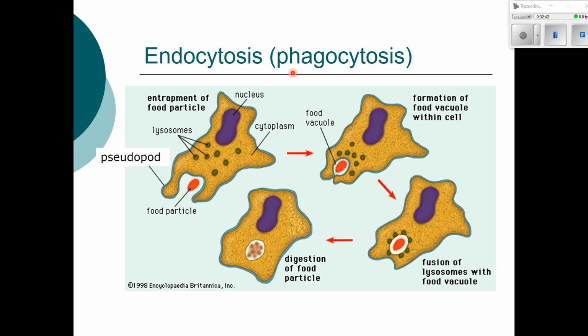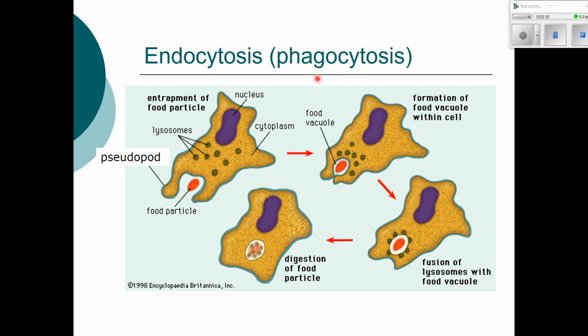So not all cells are capable of phagocytosis. Examples of cells that can do this would be an amoeba, which is a single-celled protist, a protozoan that lives in pond water, a little microscopic organism, and it doesn't have a mouth, so it obtains food through this process called phagocytosis.